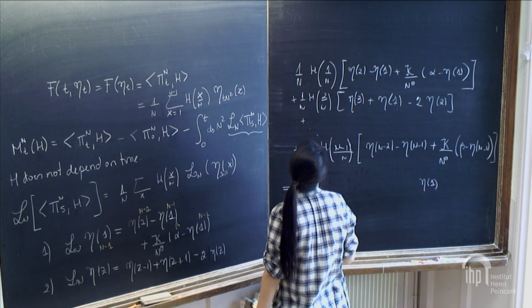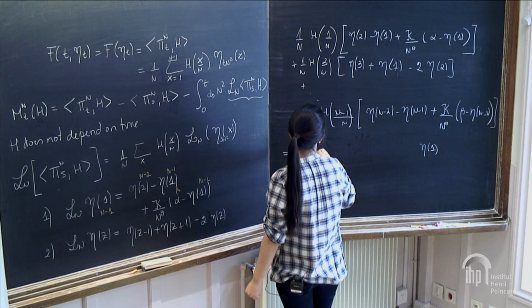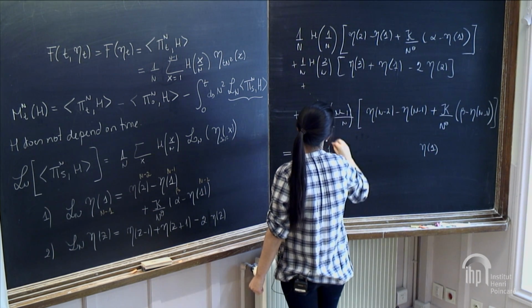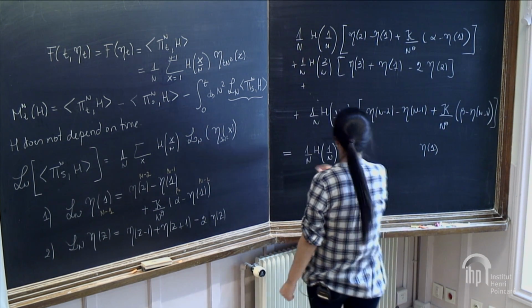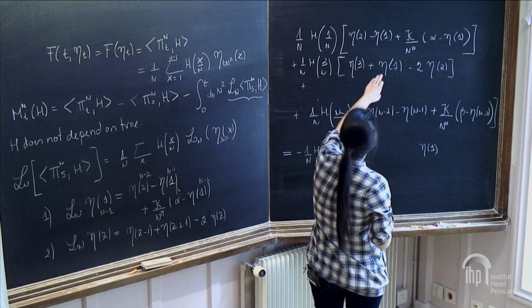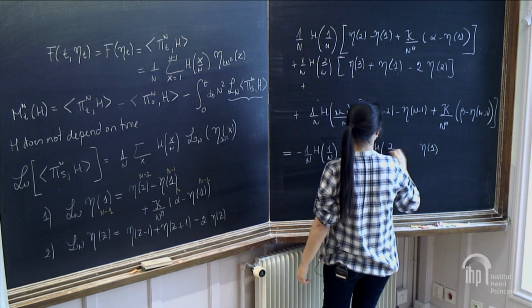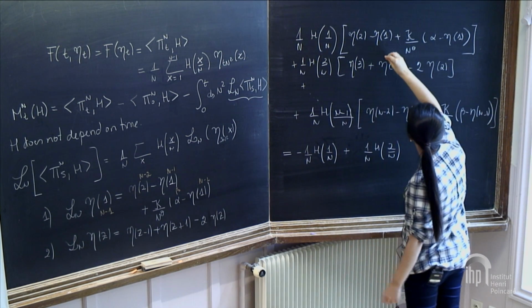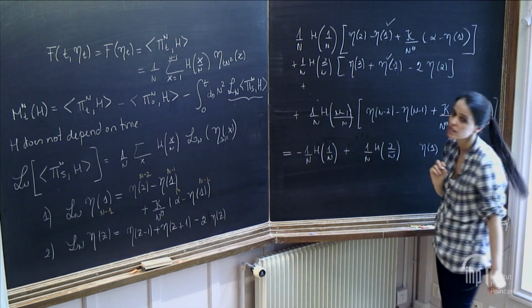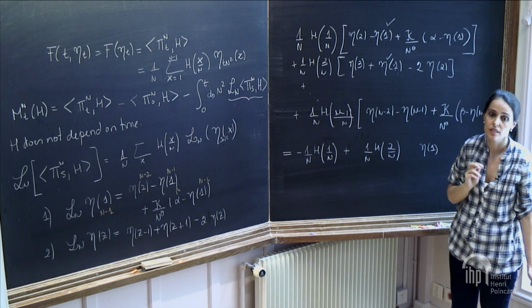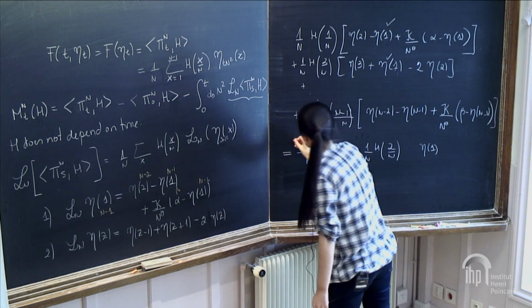So I'm going to have 1 over n, h at 1 over n, minus, plus 1 over n, h of 2 over n. And now I collected this guy and this guy. Do you agree? Yeah?